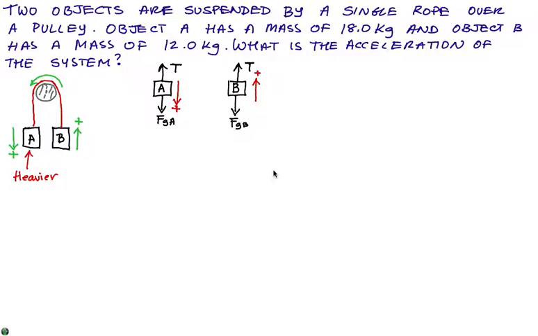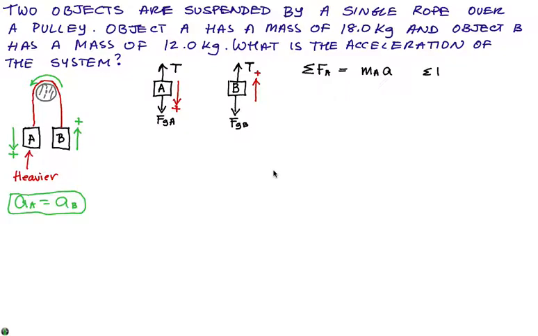So now we're going to write out a Newton's second law statement for each object. I'm going to do this a little differently this time. I'm going to state that the sum of the forces acting on A is equal to MA times A. I guess I should have earlier stated that the acceleration of A is equal to the acceleration of B. That's useful to state right at the beginning of the problem, but you can always do it later.